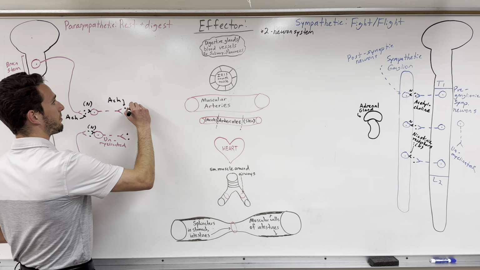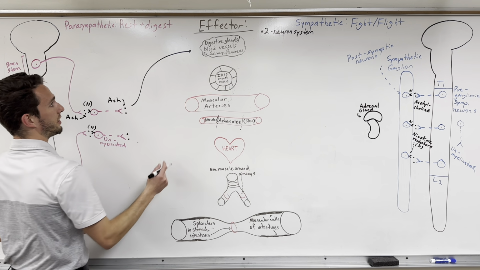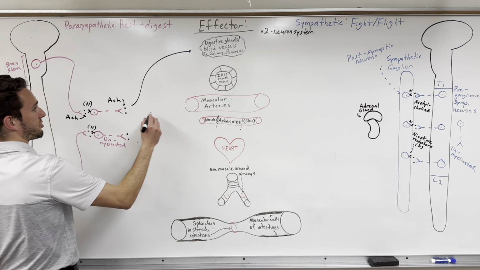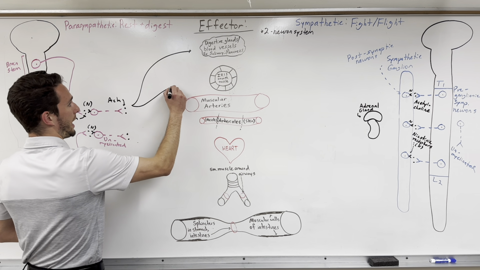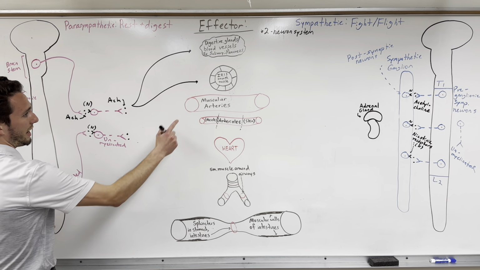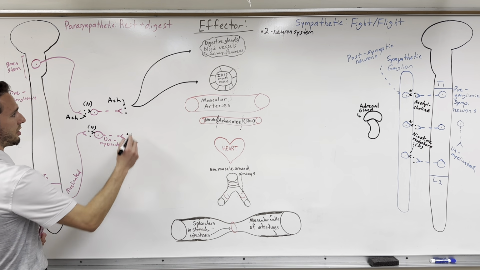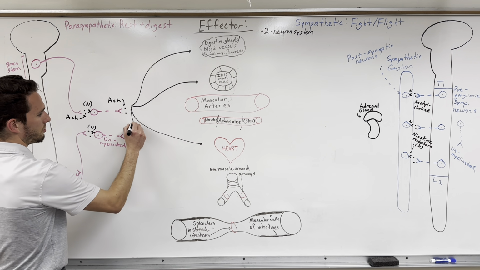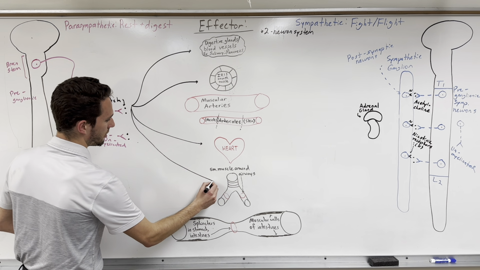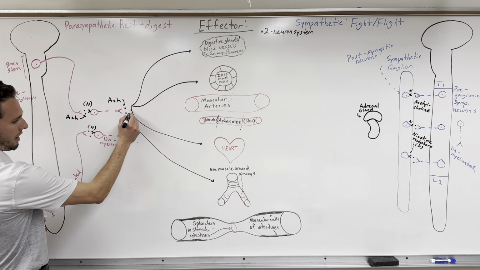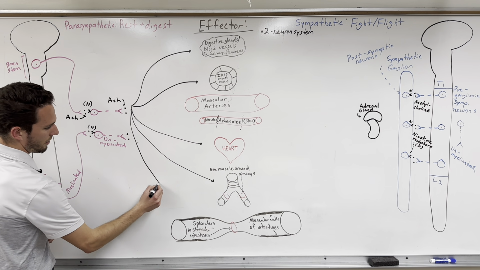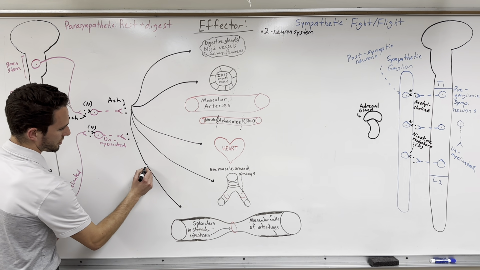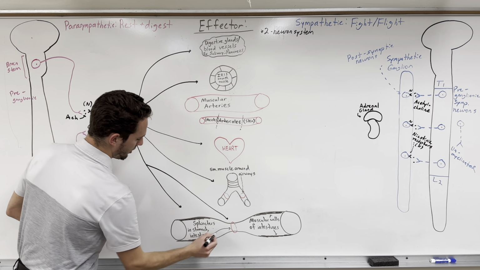So I'm going to point to several of them right now, including the digestive glands and the blood vessels surrounding them. It's going to go to the iris smooth muscle. It won't actually go to many of the arteries or arterioles. It's going to go to the heart, the smooth muscle around the airways, and a variety of sphincters and muscles of the intestinal tract.